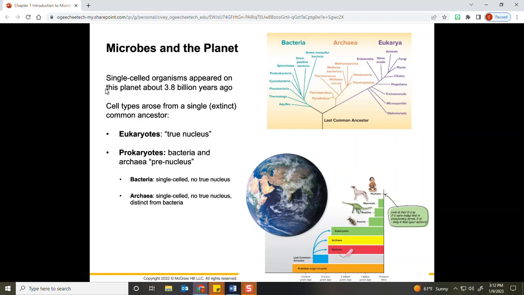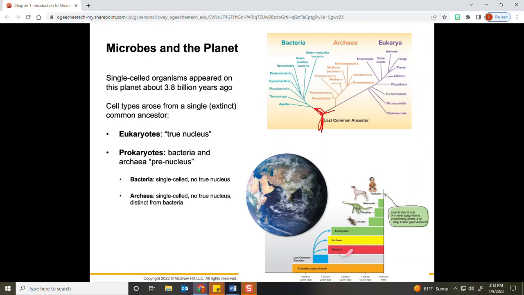Organisms such as microbes, especially things like bacteria, are single-celled organisms, and they appeared on the planet about 3.8 billion years ago. And if you look at this tree of life here, what this shows is the phylogenetic history of evolutionary life. This tree kind of looks like a tree where this would be the trunk, and we see the branches coming off, and more branches and more branches and so on.